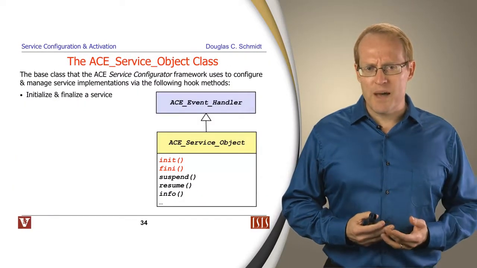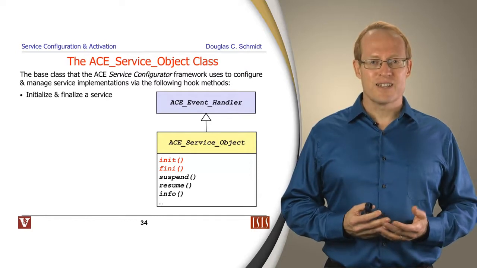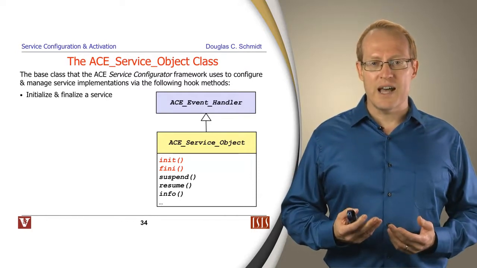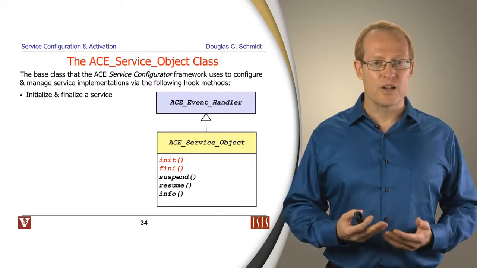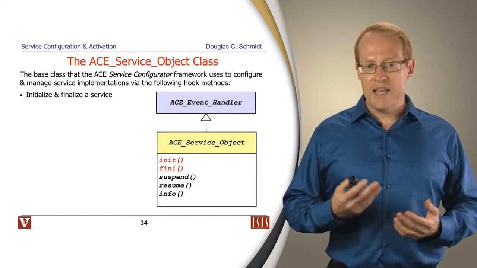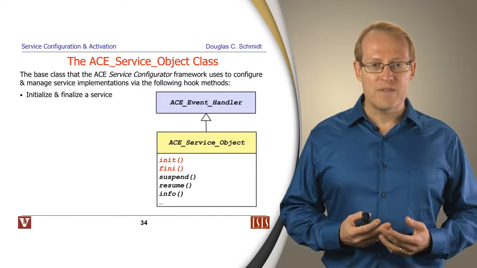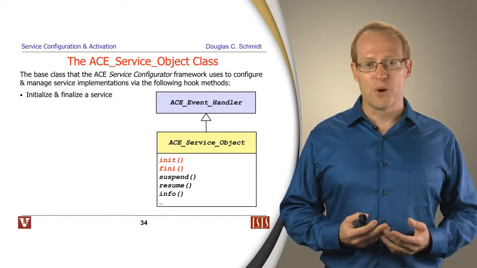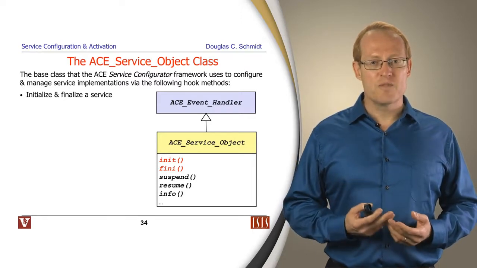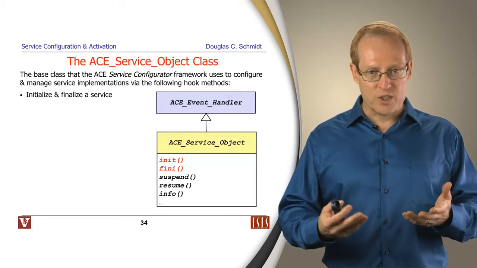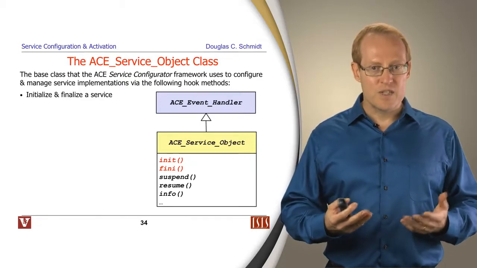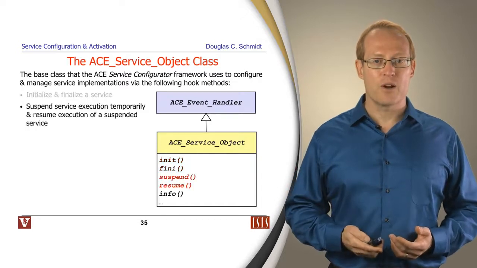So let's talk a bit about the ACE Service Object class. This is a base class that the framework uses to invoke various kinds of hook methods to control the life cycle of the services. And here are some of the different types of lifecycle methods it supports. It has a pair of methods for being able to initialize and finalize or terminate or shut down a service object that's under the control of the framework.